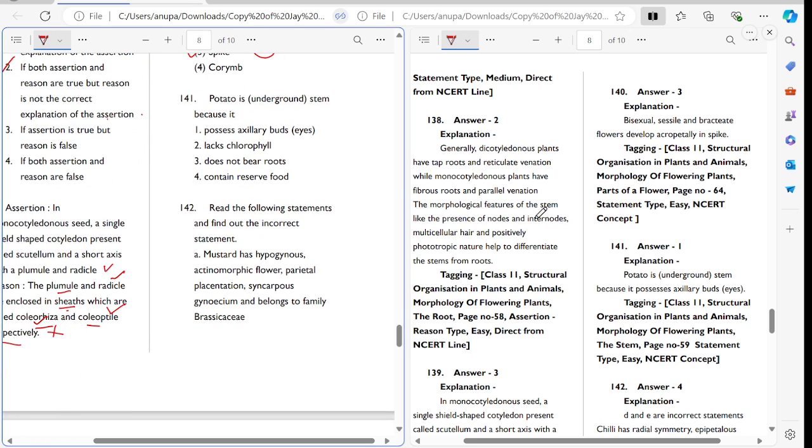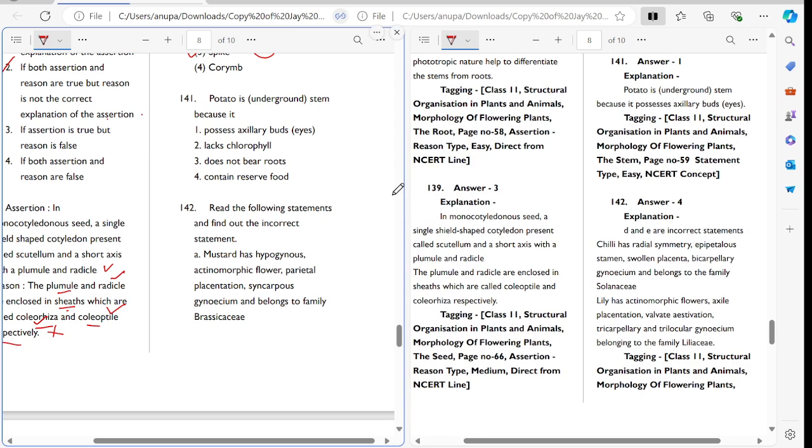Now let's move to question number 141. Question number 141 states that potato is an underground stem because it. We have to find out because of what reason potato is known as underground stem. Let's read the options. Possess axillary buds and eyes. This is the correct answer.